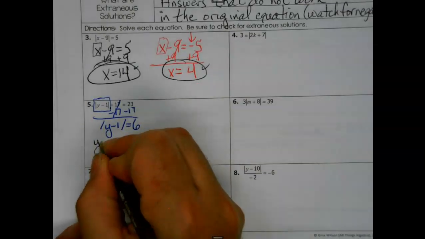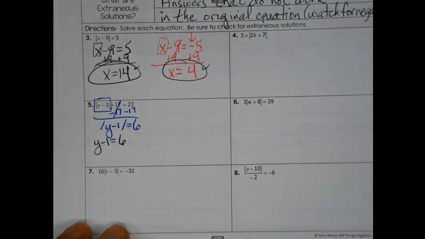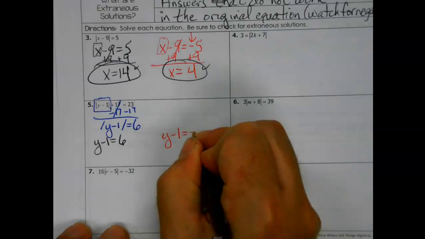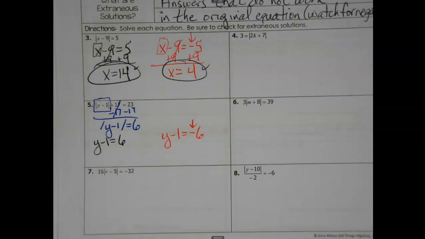So the first one, we just keep the way it is. We just drop the absolute value bars. The second one, again, you just change the sign of the answer. You change it to negative. And then we try those two out.